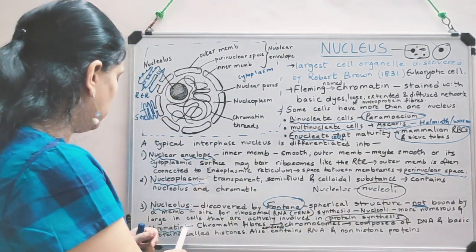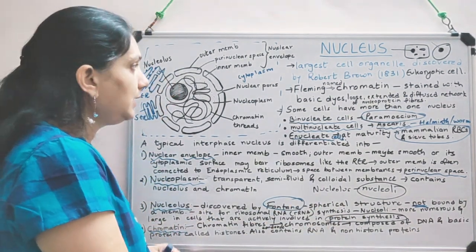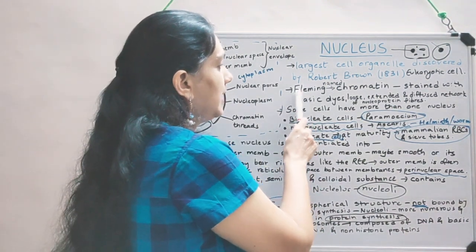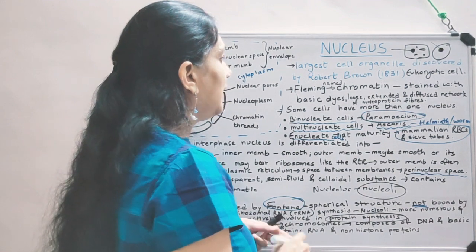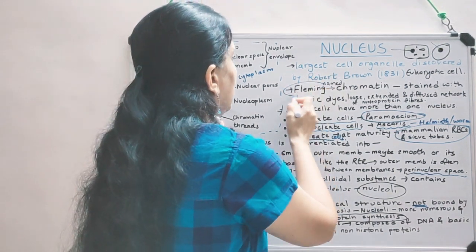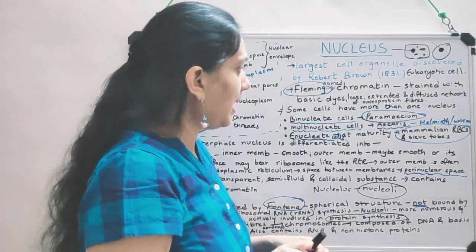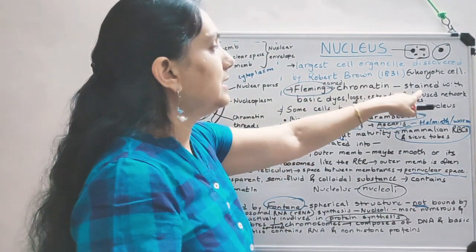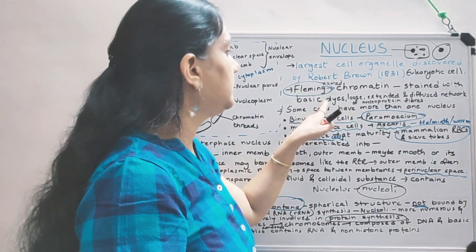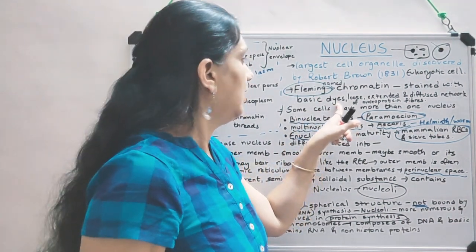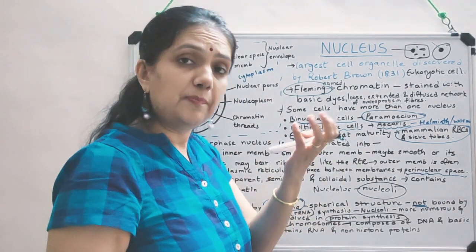Now we come to the last structure, chromatin. This chromatin was discovered by a scientist called Fleming. These thread-like structures he named chromatin as they stained with basic dyes. You know there are two kinds of dyes, acidic and basic. And these structures took up the basic dyes.